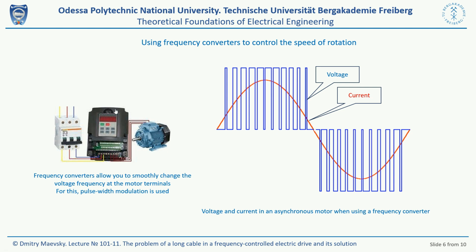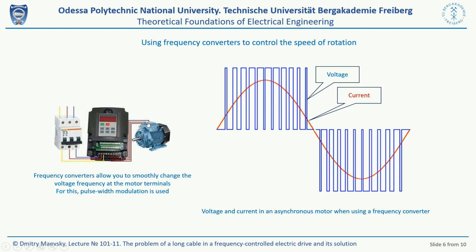This device is called a frequency converter. Look at this picture. It shows this way of connecting the motor. A frequency converter is connected directly to the electrical network, and an asynchronous motor is already connected to this converter.